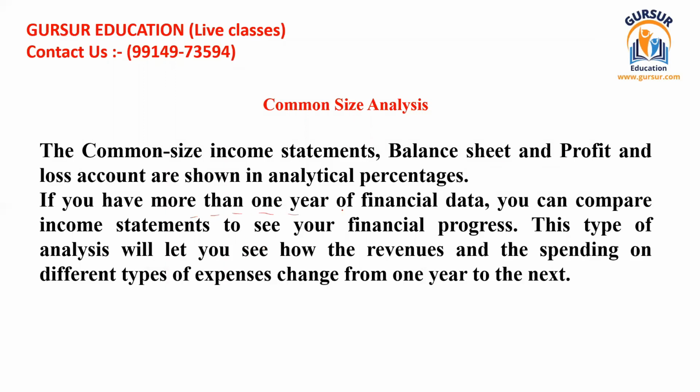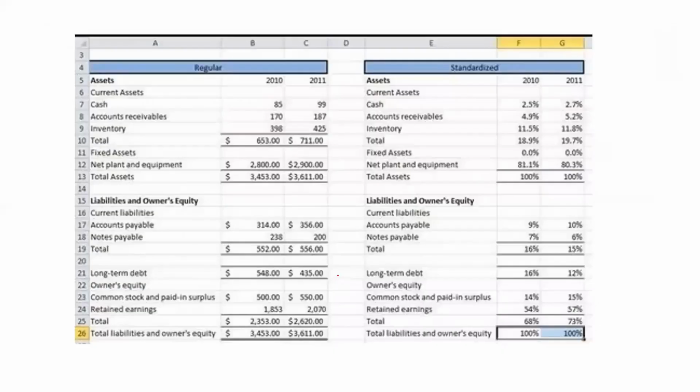If you have more than 1 year of financial data, you can compare income statements to see your financial progress. This type of analysis will let you see how revenues and spending on different types of expenses changed from year to year. So in analytical percentages, you show all the things in the common size statement, and in this way you can make the analysis of how you shall go in the near future.